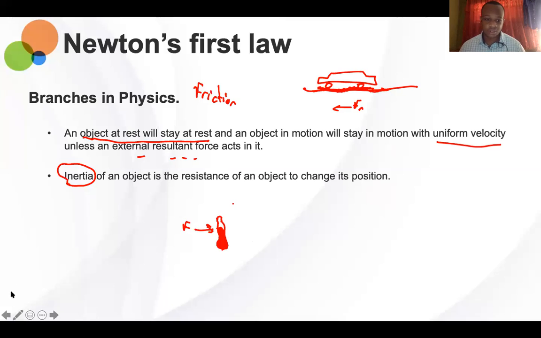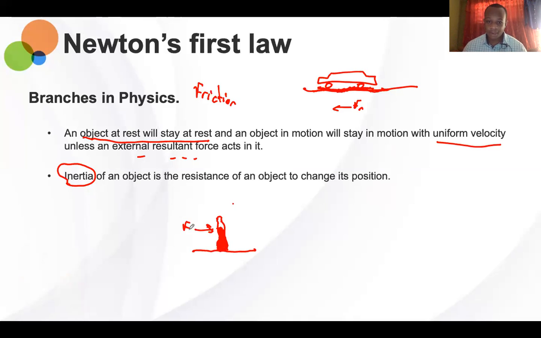Oh, yes, inertia. So before we move on, the inertia of an object is the resistance of the object to change its position, right? So if we go back to this bottle here, and it's on a table, you will find that this object will put up a resistance. If we don't put up enough force, the object will not move.